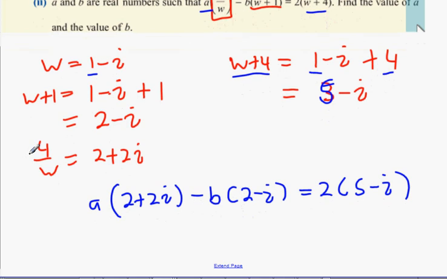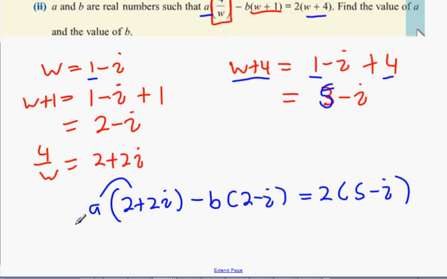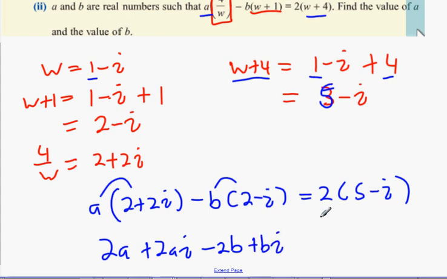Now that we're doing this, we've filled in every piece of information here. a times 2, 2a. a times 2i, 2ai. b times 2 minus 2b. Minus b times i plus bi. 2 times 5, 10. 2 times i minus 2i.